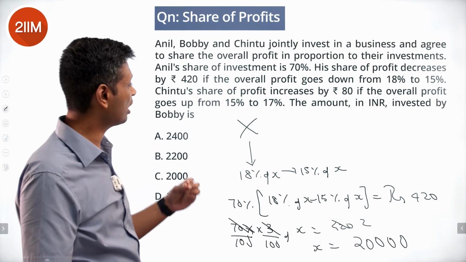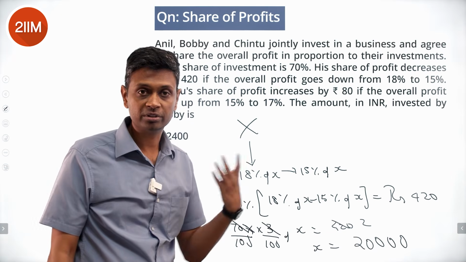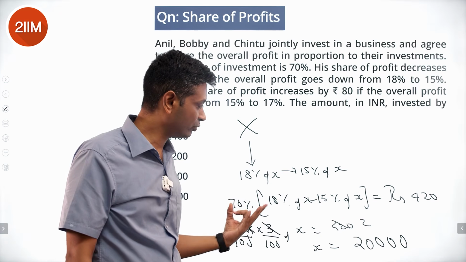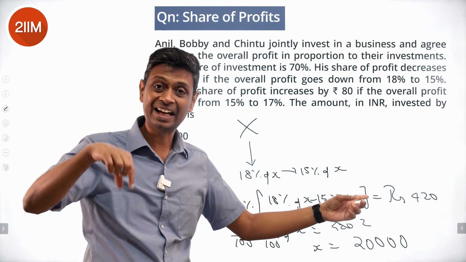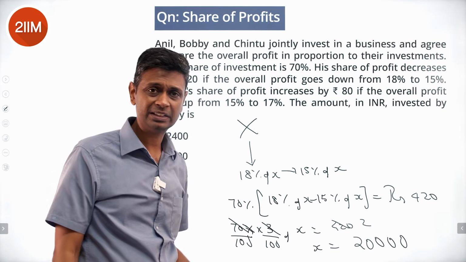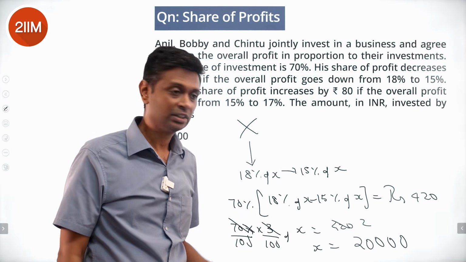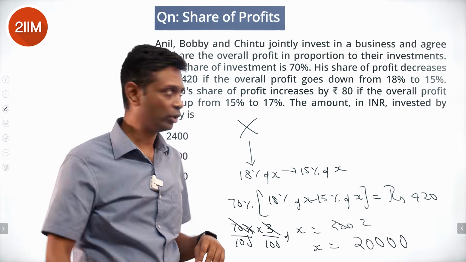Lovely. So the total amount they've invested is 20,000, of which instead of 18% they say 15%. Then 70% of that amount will be equal to that delta, 420. Anil gets 70%. Instead of getting 70% of 18% of X, he gets 70% of 15% of X. So 70% of 3% of X is 420. We find X. That's a starting point.